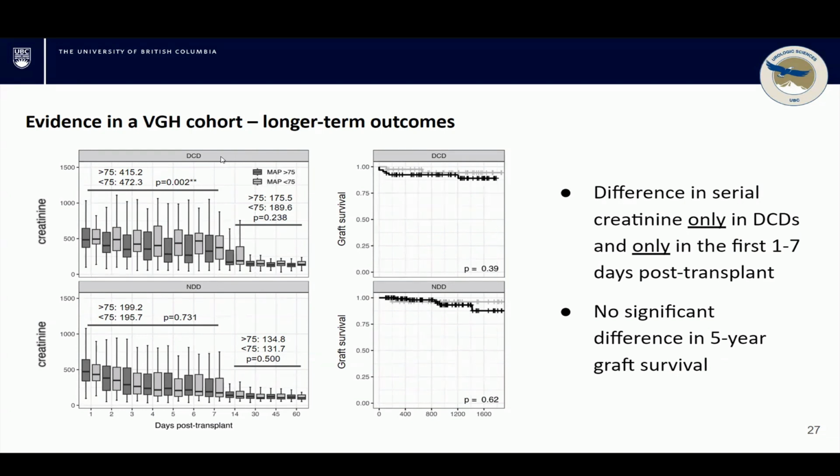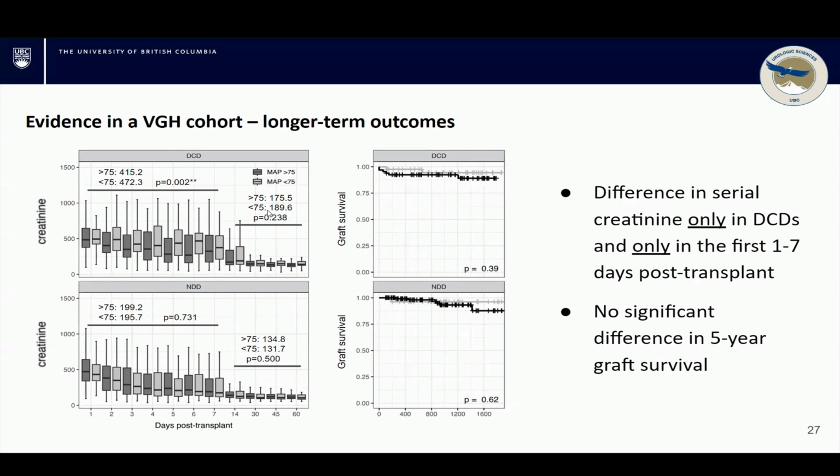And then we faceted the analysis between DCD recipients and NDD recipients. And there were no major differences in serum creatinine post-transplant, despite these differences in intraoperative blood pressure in either the short or long-term post-op periods, except for DCD recipients and only in the first 7 days. By 14 to 60 days, even the more hypotensive DCD recipients would have roughly equal creatinine levels.